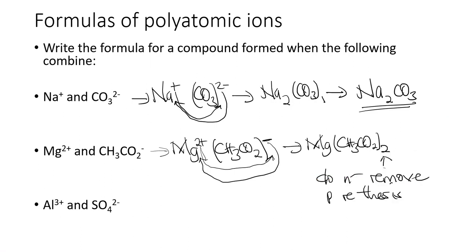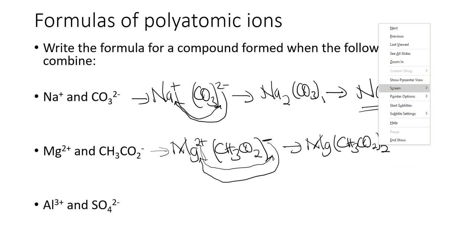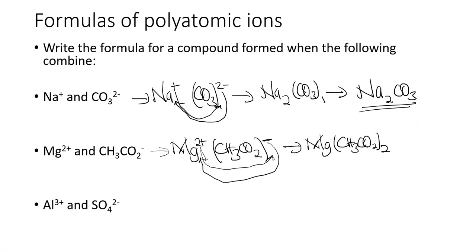Let's look at the third formula. So I have aluminum and sulfate. So for this one, I'll put them together. As usual, I'll put this one in parentheses and then bring 2 outside.